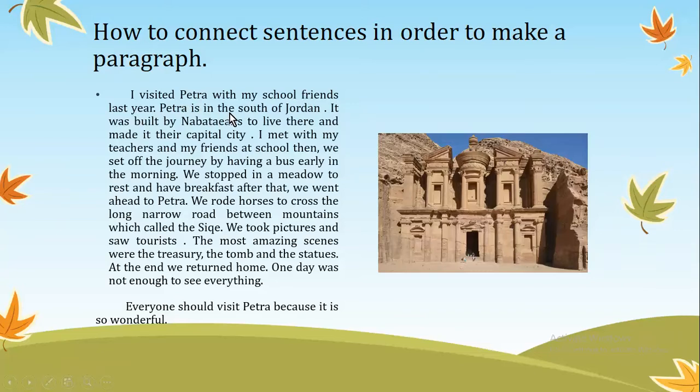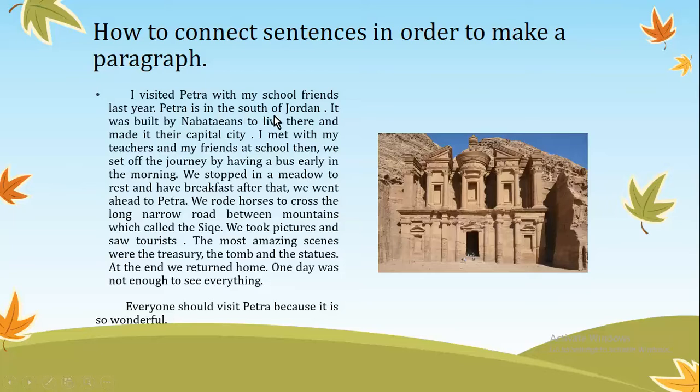Petra is in the south of Jordan. ذكرت أنا الفكرة الأولى وضعتها بالضبط في البداية at the topic sentence إني أنا زرت بترا مع أصدقائي في المدرسة. ومتى زرتها؟ إذا مع مين ومتى كتبت في البداية. بعدين بدي أحكي لكم هي وين موجودة بترا عشان أجذب انتباهكم، عشان تكونوا عارفين عن إيش أنا بدي أحكي.